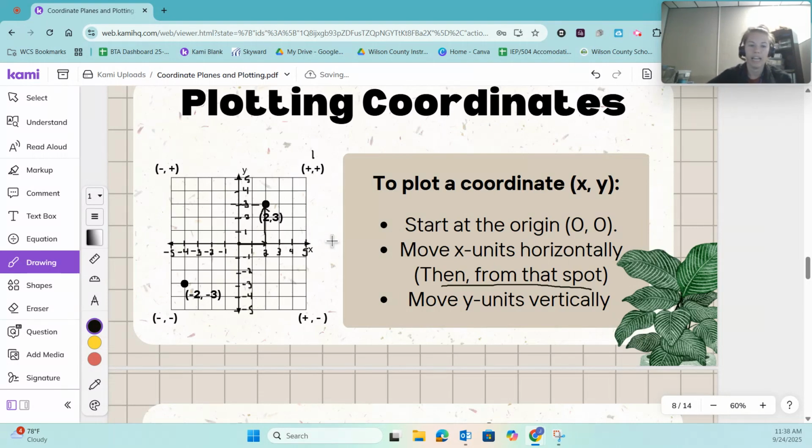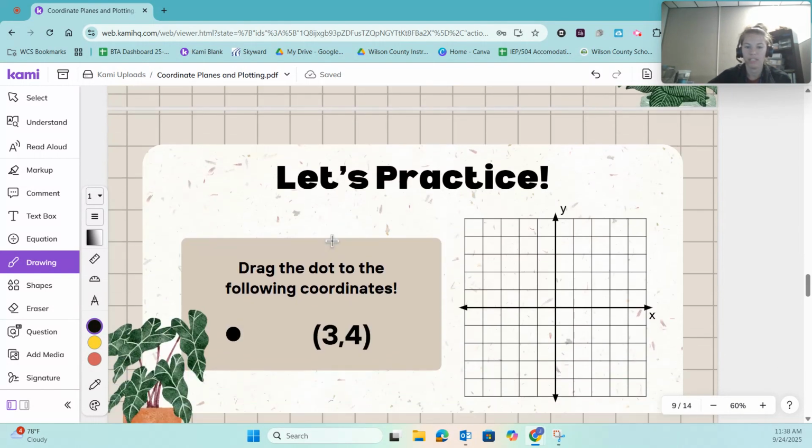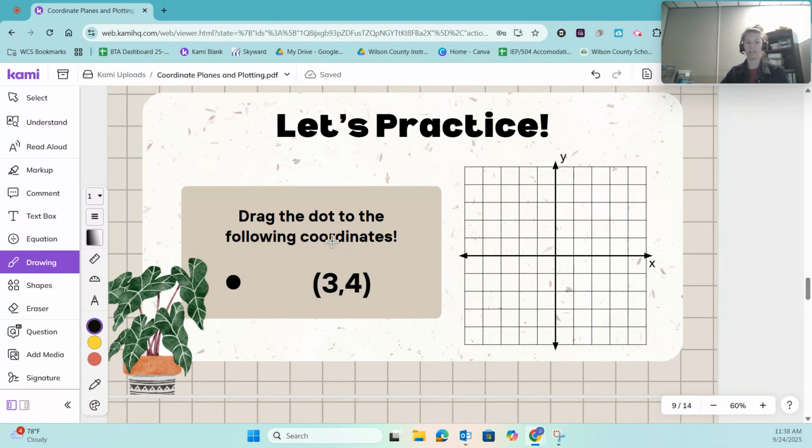We're going to try a couple of these. Let's do this first one together. I'm going to pause the video for a second so you can try that on your own. Once you've got that, you can restart the video and we will do this together. So my x value is 3, my y value is 4.